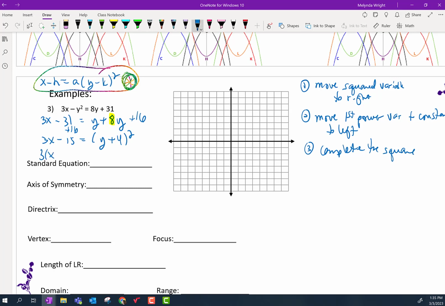So 3 times x minus 5 equals y plus 4 squared. And then my last job is going to be to move it over here, right? I need to move it. So I'm going to divide both sides by 3. So my standard equation is going to be x minus 5 equals 1/3 times y plus 4 squared.